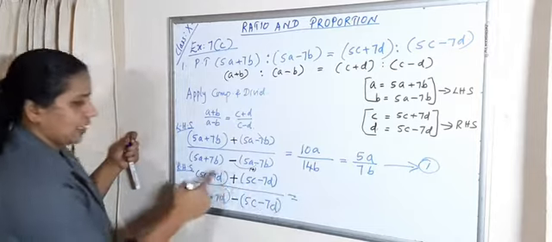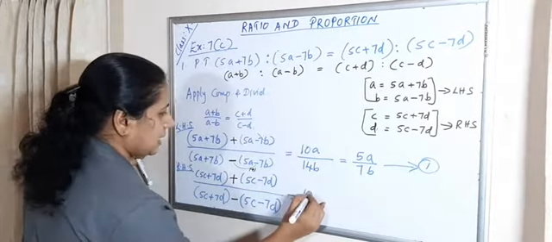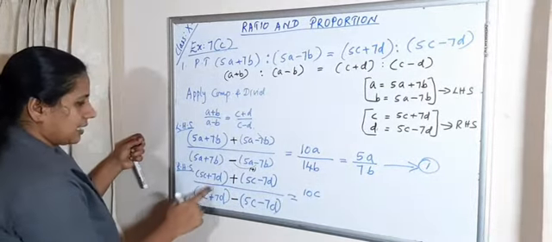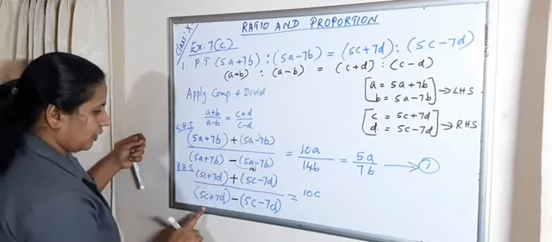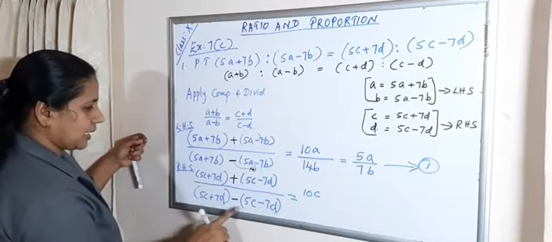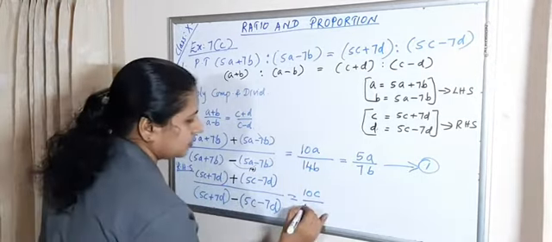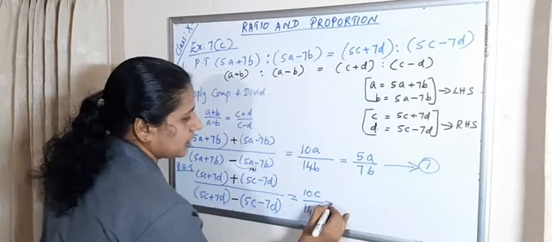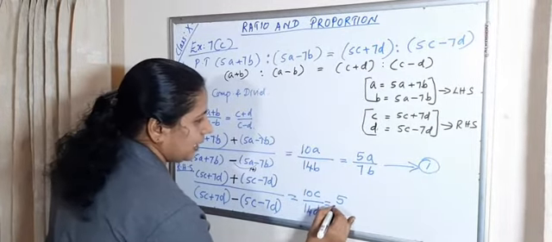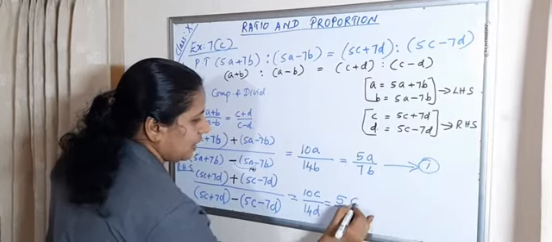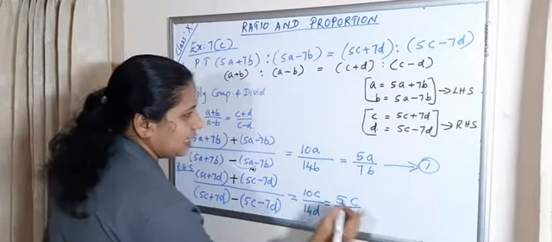That is equal to 5C + 5C, 10C, and 7D - 7D, 0. 5C - 5C, 0. 7D + 7D, 14D. That is equal to 5 by 7. 5C by 7D.